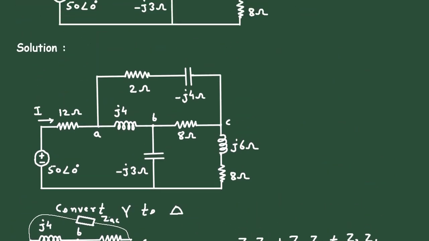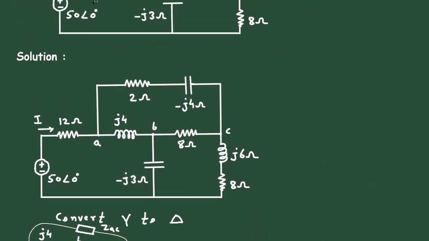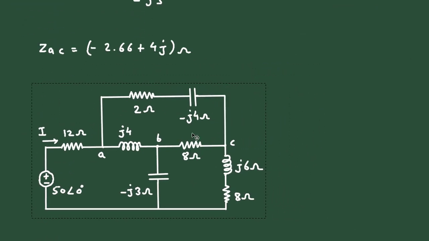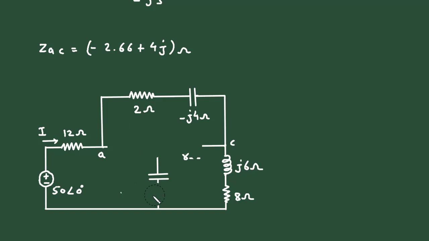Now we can easily redraw the circuit and change the star network to delta network. So let's copy this. Now here we can erase this internal star and replace this by its equivalent delta connection.